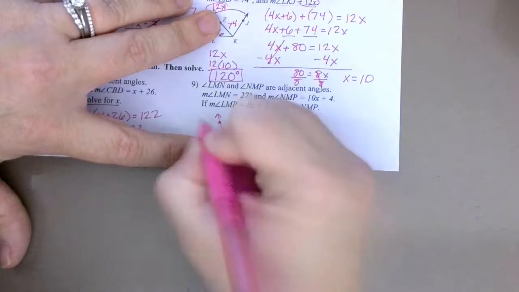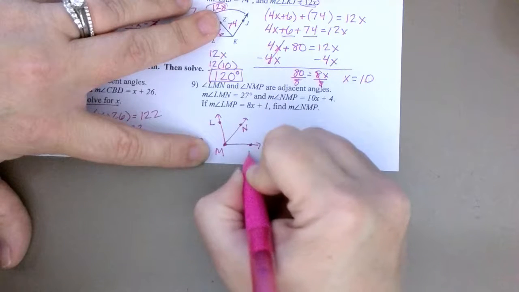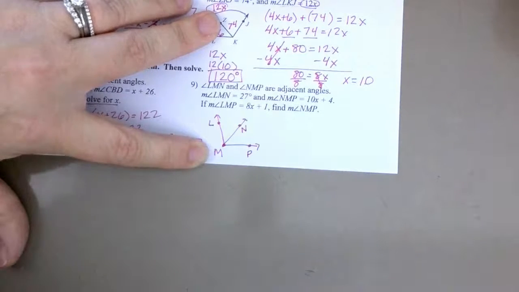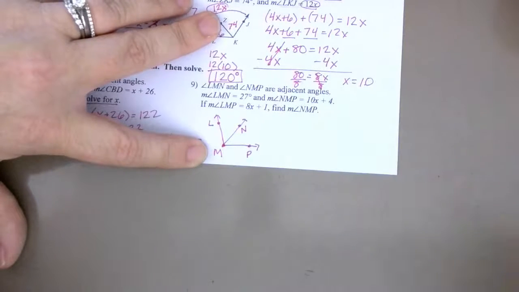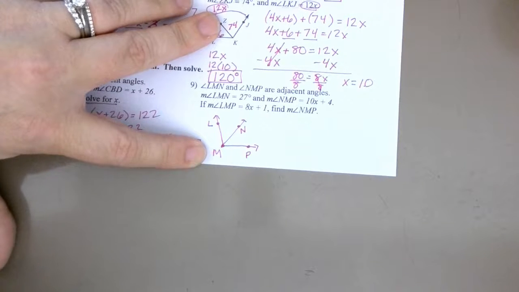MN, which means the other one has L and P. Out of curiosity, why don't they use O? Because they have L, M, N. Why do they skip O? O looks like a 0. You will never see it used as a letter.